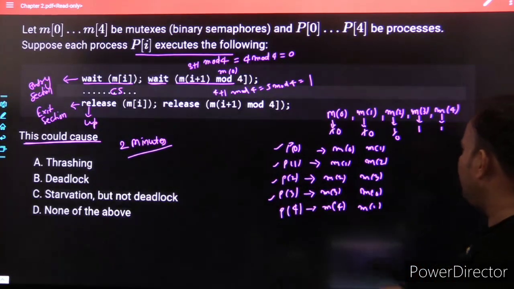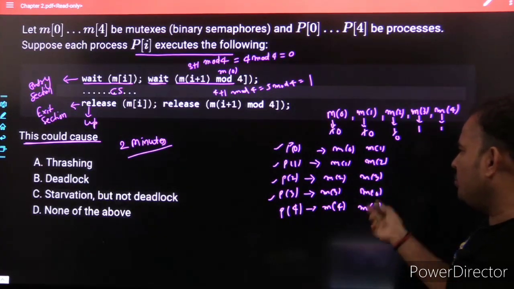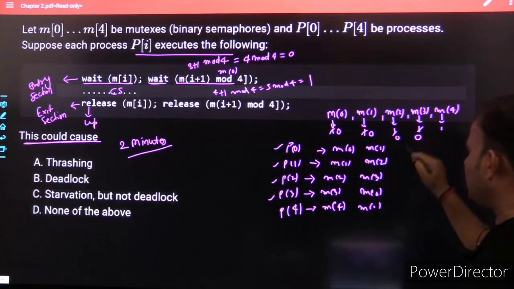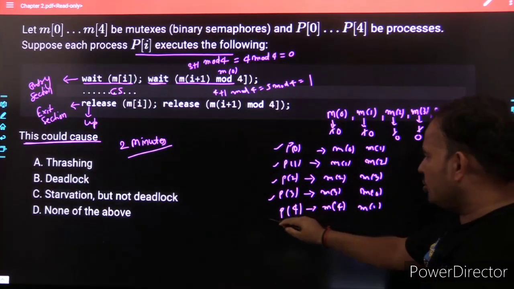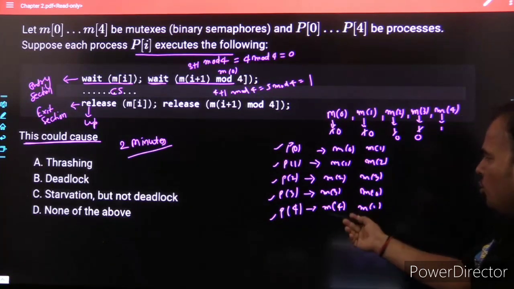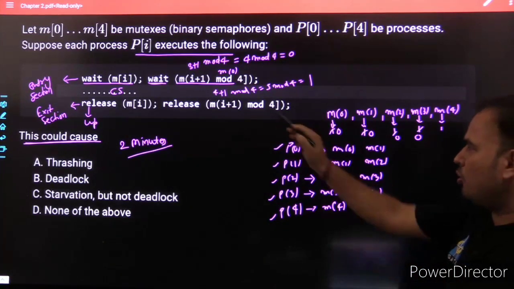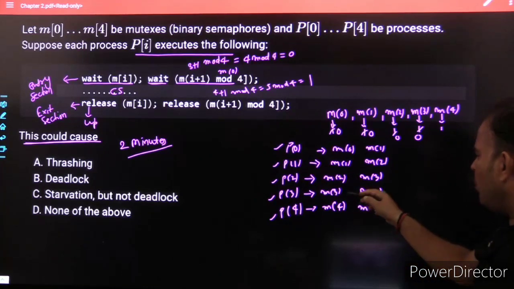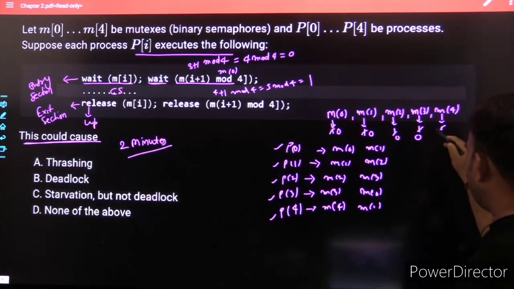P3 comes and performs the down operation on M3, and it also gets preempted. Process P4 comes and performs the down operation on M4, only on M4, and it will also be preempted.